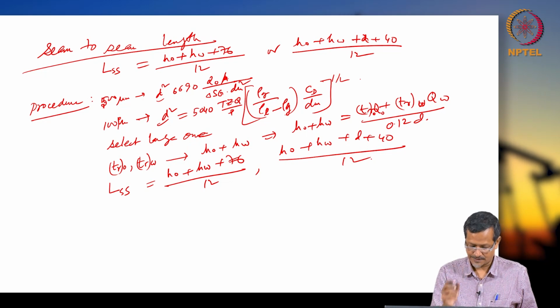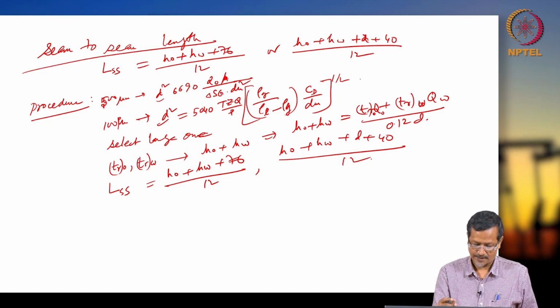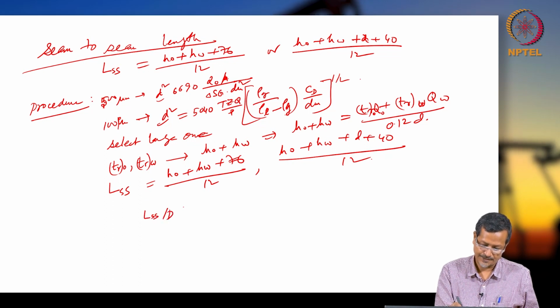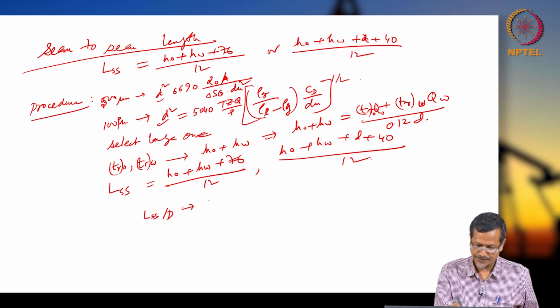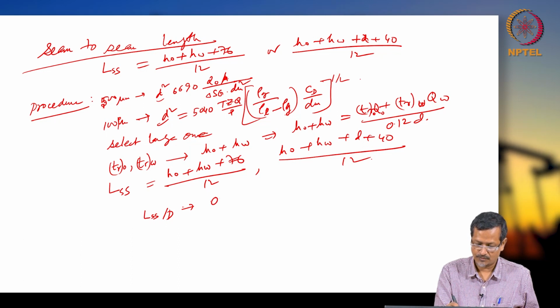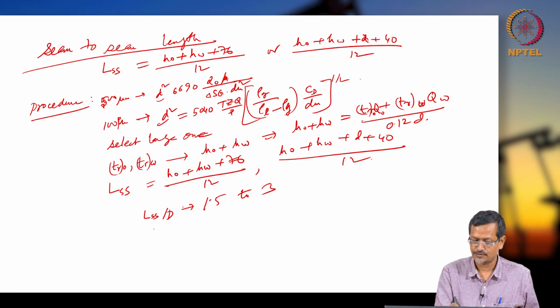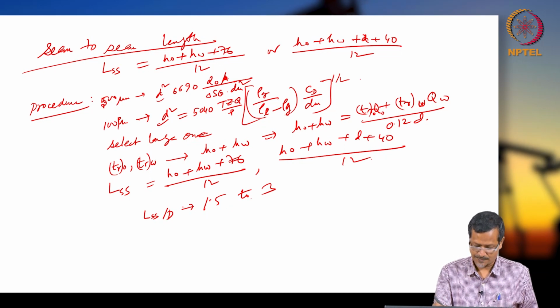Select a reasonable size, and LSS by D should be within the limit of 1.5 to 3.